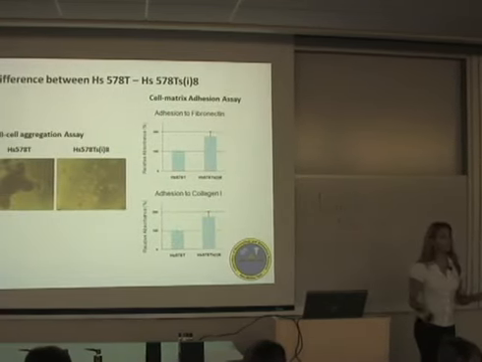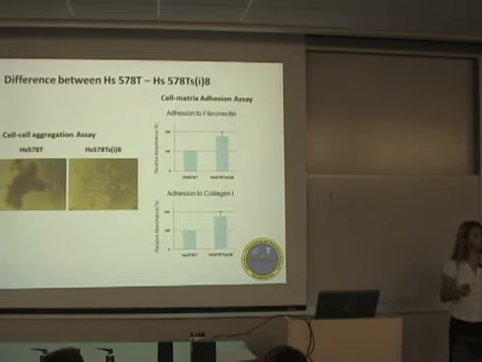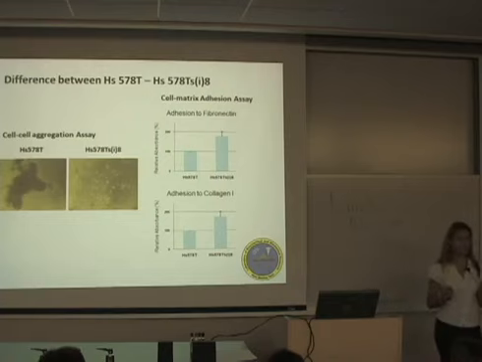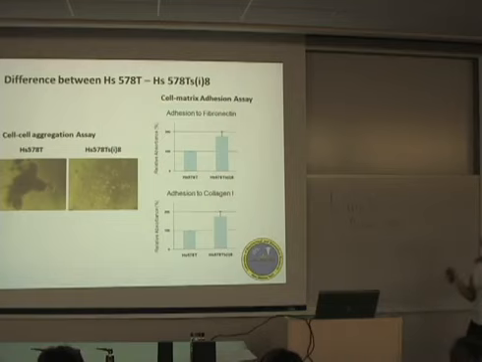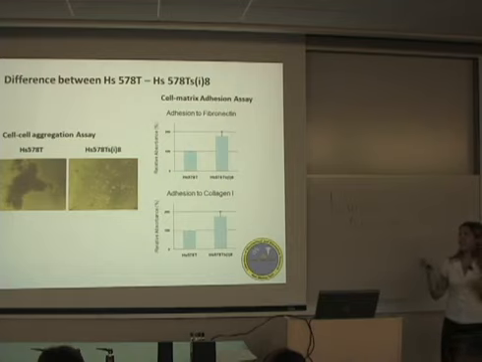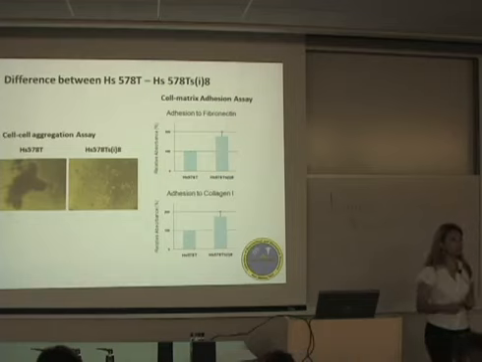When our laboratory finally got these cells, we performed several functional assays in order to see whether we could use these sublines. In our first assay, the cell-to-cell aggregation assay, we seeded our cells on top of an agar gel and allowed them to aggregate for 24 hours.